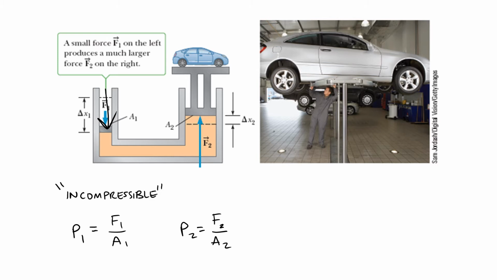And by me saying this is incompressible, I'm saying that the pressure everywhere inside of this little system is the same. So I am saying P1 equals P2. And that gives me the ability to relate these two equations to one another. I can say that since P1 equals P2, I could set the equations equal to each other.